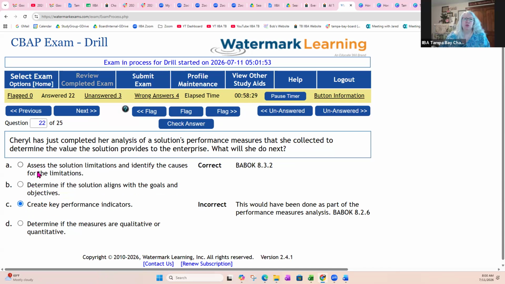So the answer is assess the solution limitations and identify the cause for the limitations.